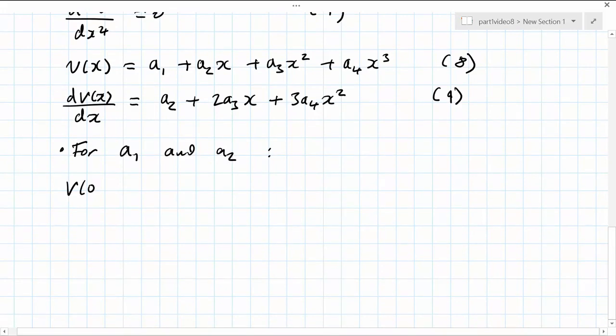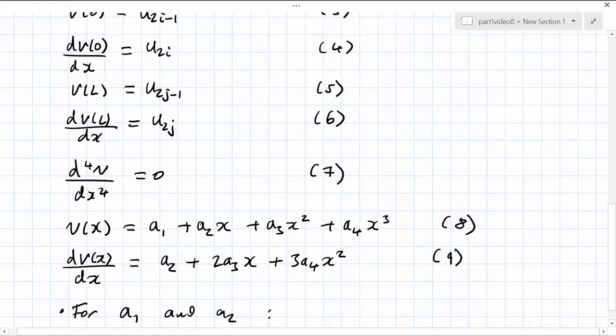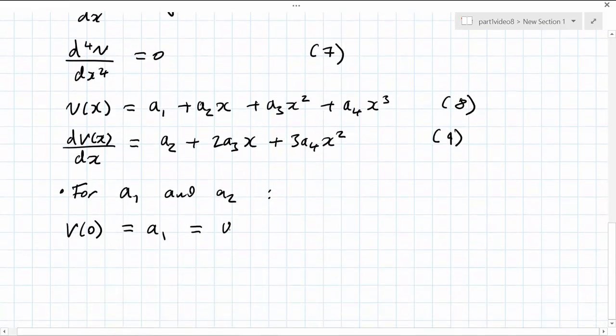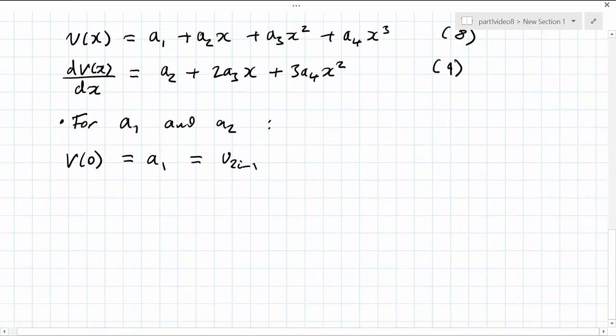So, v(0) is simply equal to a1, and we know also that v(0) must equal, as we stated up here, u_2i−1. So we can say that a1 is equal to u_2i−1.